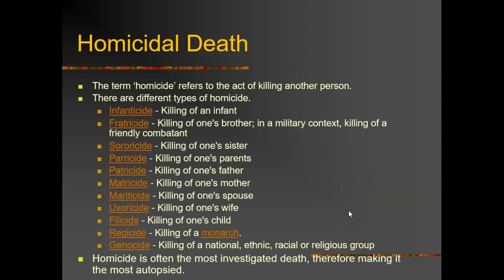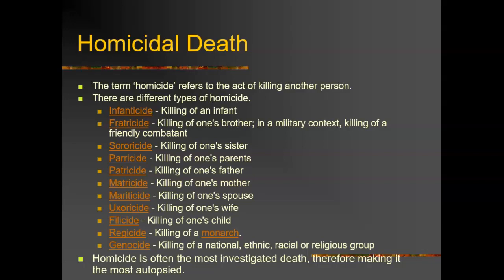Homicidal death refers to the act of killing another person. And they break that down into a bunch of different groups. So we have infanticide, which would be killing an infant, fratricide, which is killing one's brother, sororicide is killing one's sister, parricide is killing one's parents, patricide is killing one's father, matricide is killing one's mother, marticide is killing one's spouse, uxoricide is killing one's wife, filicide is killing one's child, regicide is killing of a monarch, and then genocide is killing of a national, ethnic, racial or religious group.